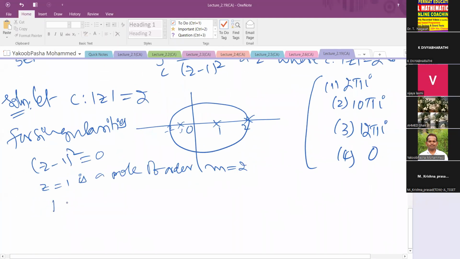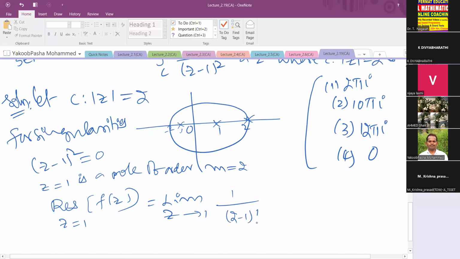We can calculate the residue of the function f of z at z equal to 1. That is the limit z tends to 1 of 1 by (2 minus 1) factorial, d by dz of z minus 1 whole square into f of z.